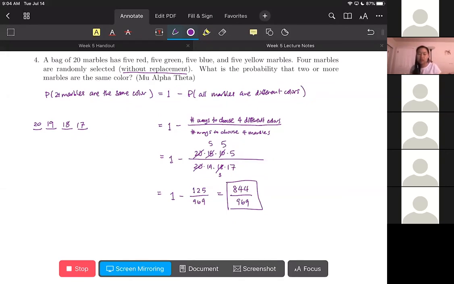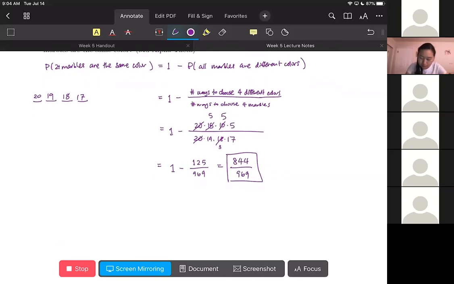If we want to do 20 choose 4, what we're basically saying is we want to select 4 marbles, and the order of selecting the marbles doesn't matter. So here we could do 20 choose 4. And then when we count the numerator, we'd want to say, how many ways can we select 1 marble of each color?